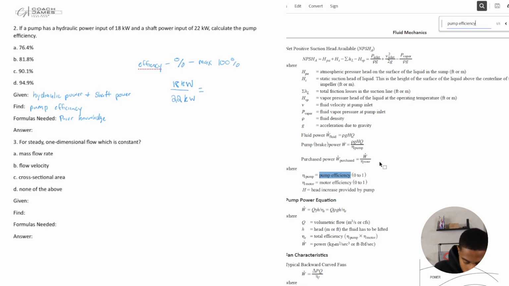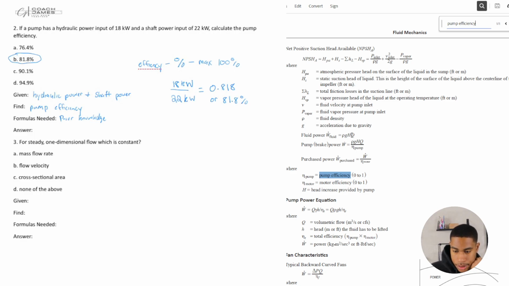I'm going to say 18 divided by 22 to give me 0.818, or 81.8%. So this one was more like using prior knowledge and logic to get an answer.